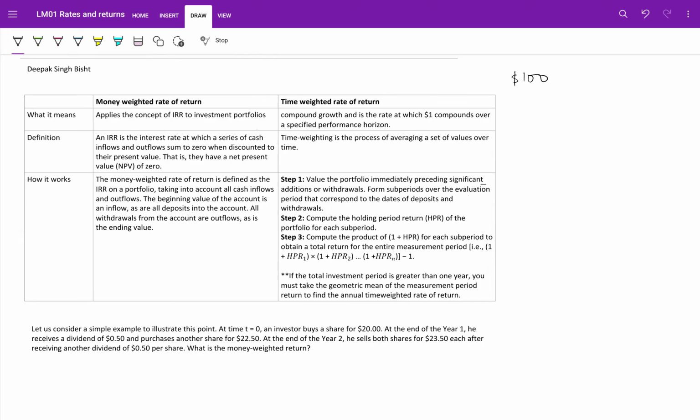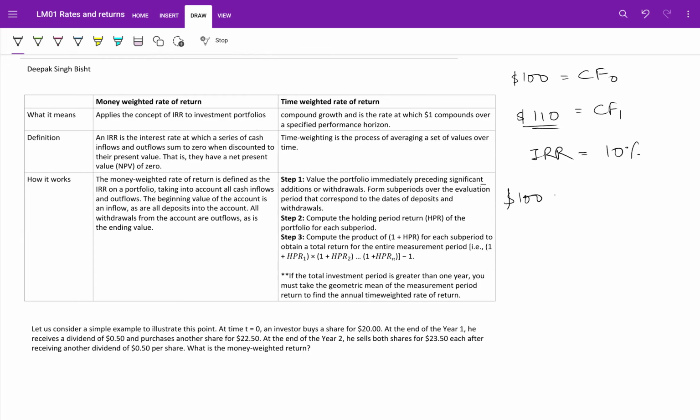This is the cash outflow at time zero. Then the cash inflow at time one is $110. The required rate of return is 10%. So how does it look when we solve it?